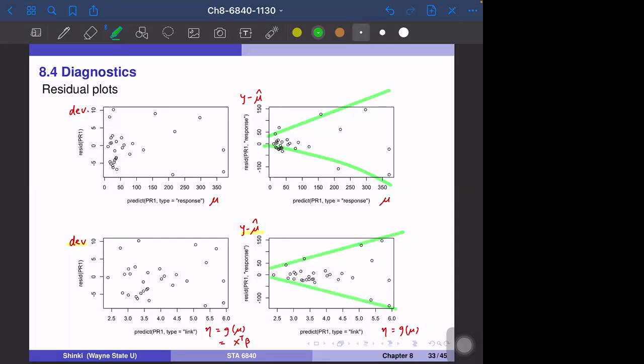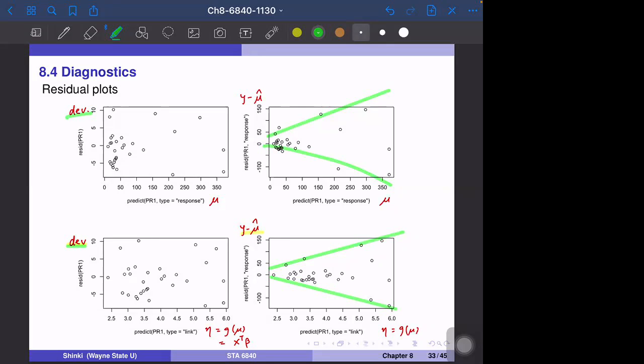The variance of the residuals is not uniform, but this is okay because the deviance residual is the more important quantity. Since we haven't divided y minus mu hat by its standard error, it's natural that y minus mu hat is not IID. So the deviance residual is more important.